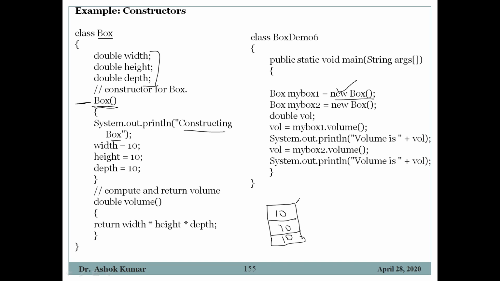So this left hand side variable will start referring to the newly created object. So this is your my box one. Then the second line will create the second object.